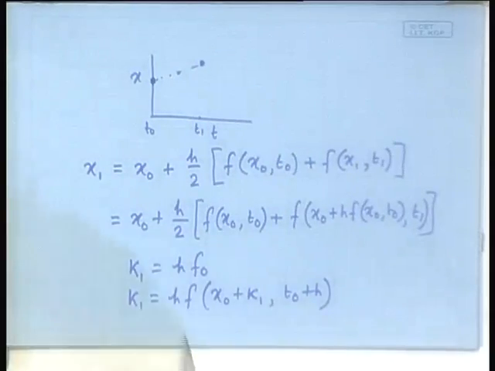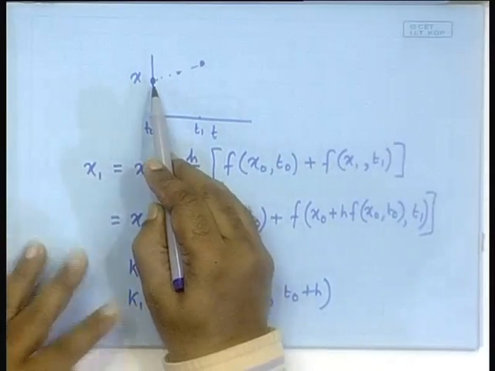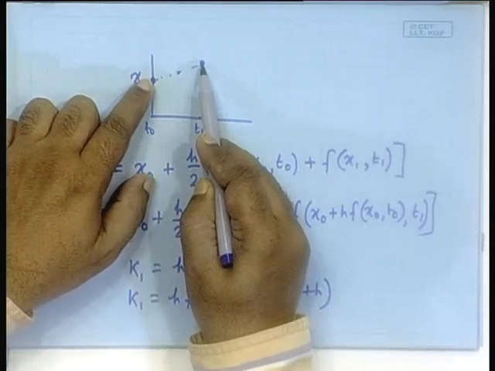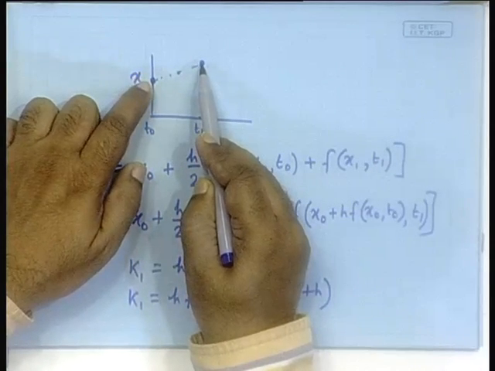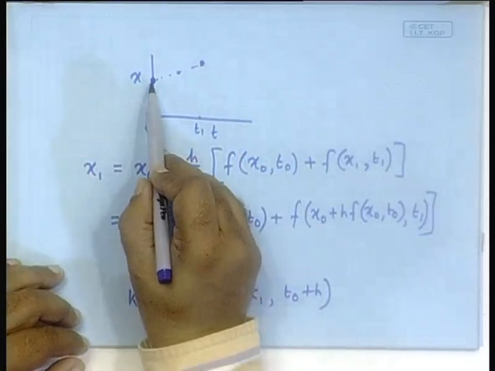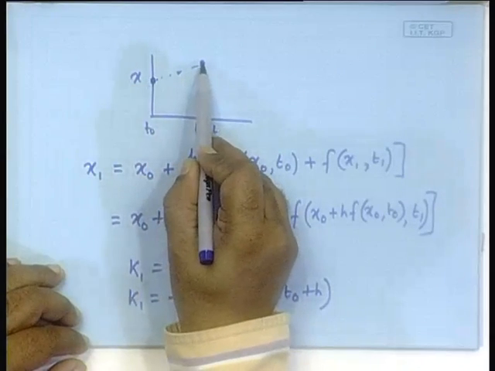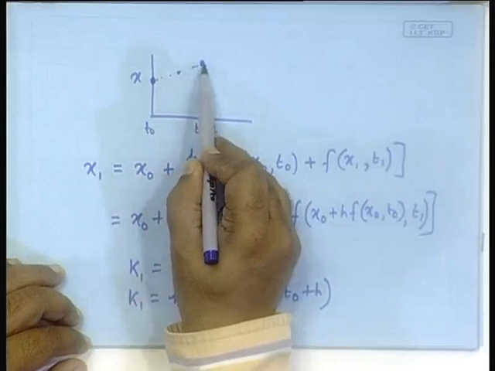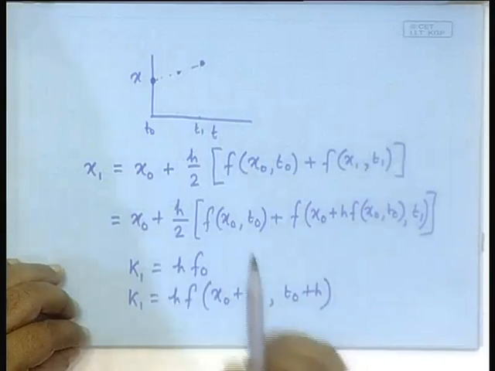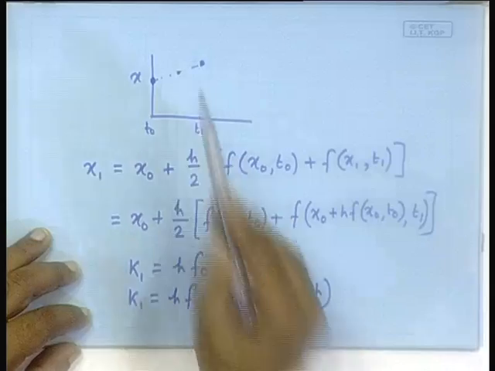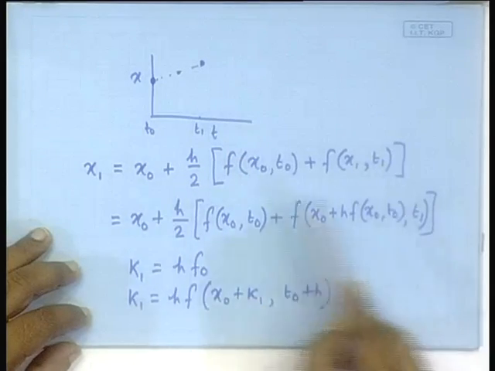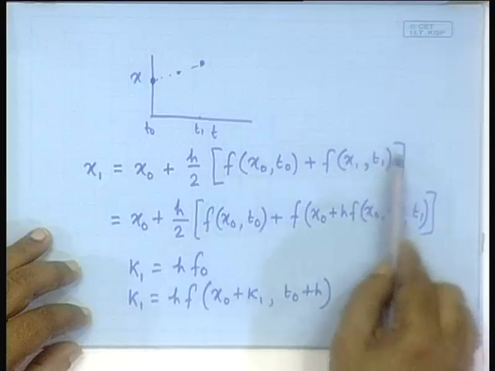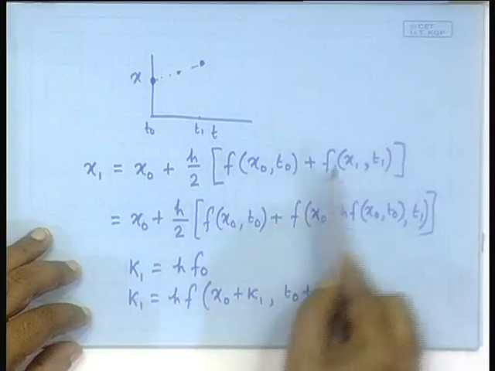So, what have we done? We first said that we will improve upon the slope that we take constant between this point and this point. Earlier we had taken this slope to be constant up to this point. Now, we will say that the slope here is constant from this point to this point, obviously a better approximation. And then in order to do that, we wrote it this way: the slope is this slope plus this slope by 2.